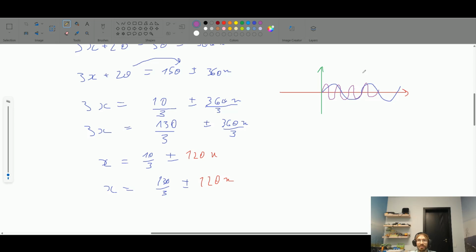And hence, if usually you get two roots, in this particular case when the coefficient in front of x equals 3, you may get up to 6 roots on each period, each 360 degrees. I hope this is clear and you will make fewer mistakes like that.